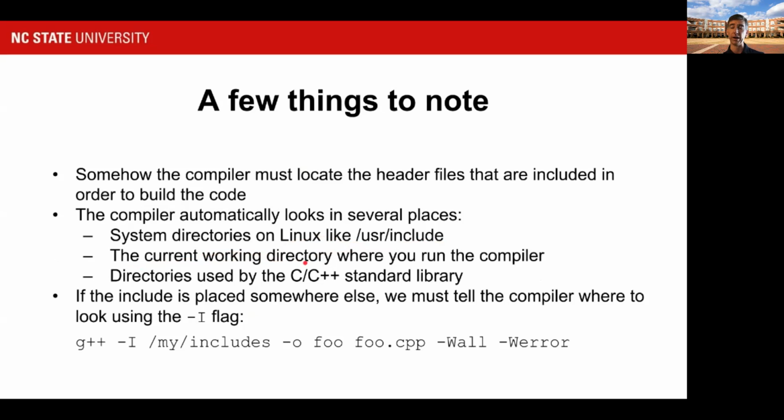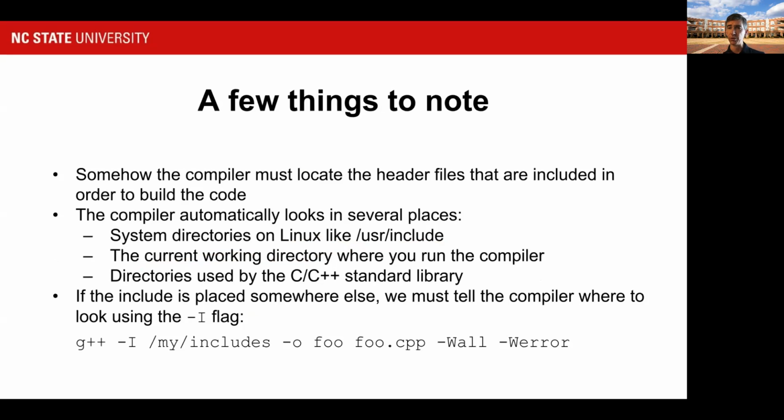This is the directory wherever you're running the compiler. And it's going to say, oh, I see an include to a header file. Let me see if it's in this directory where I'm running right now. And it'll look for it. And then it'll also look in directories used by the C++ standard library. So, wherever the directory is that holds iostream and cmath and stdio.h, it'll look there too.